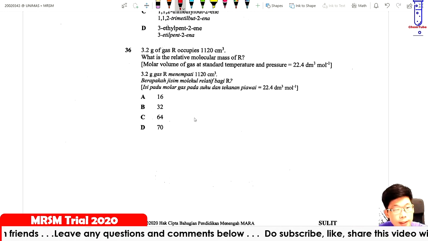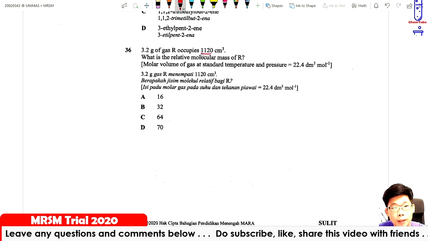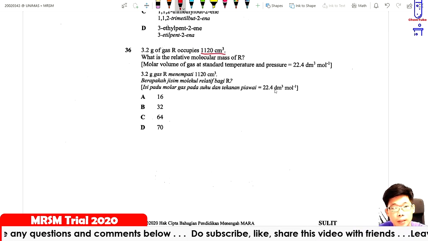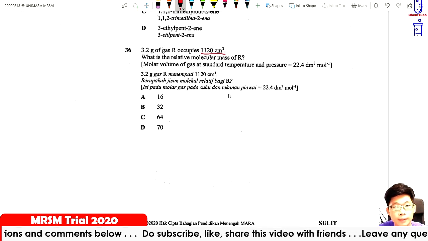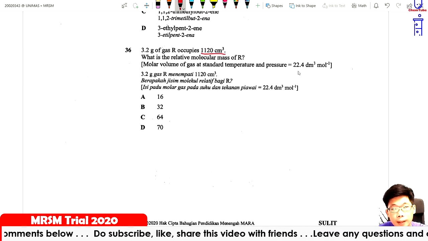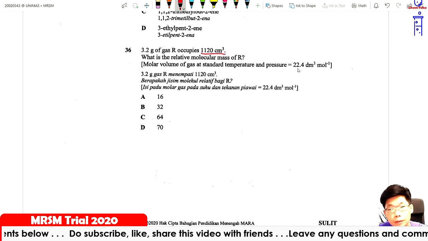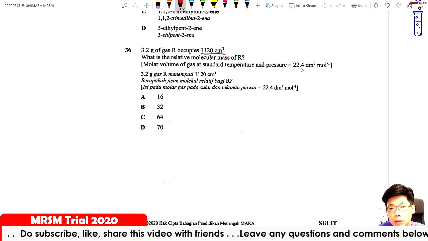Okay, 36. 3.2 gram of gas alcohol R occupies 1120 cubic centimeter. What is the relative molecular mass for R? First, we can find the number of mole. We have to standardize the unit first.